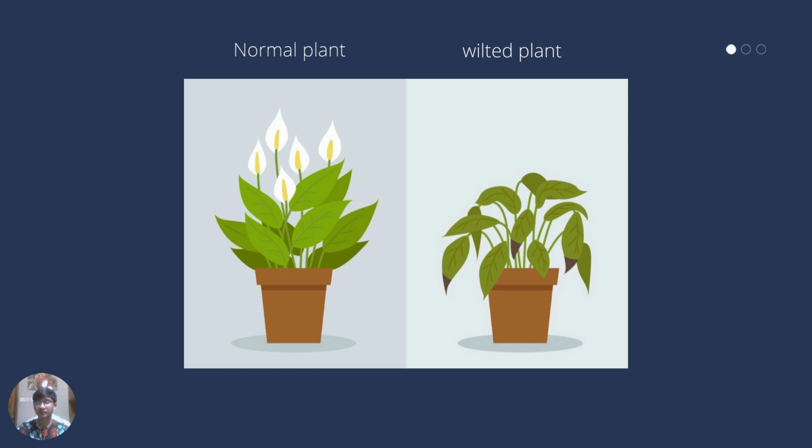That's why the plant cells have not lost their turgidity. But in the wilted plant, you can see on the right side of the screen, the water loss is more than water uptake, thus causing the cells in the leaf to lose their turgidity and become flaccid, and that's how it looks. They're wilted.